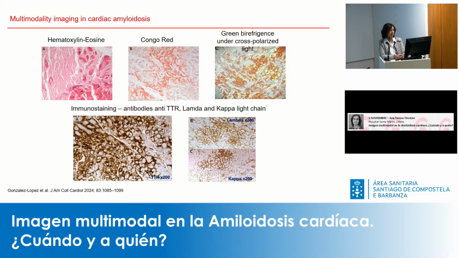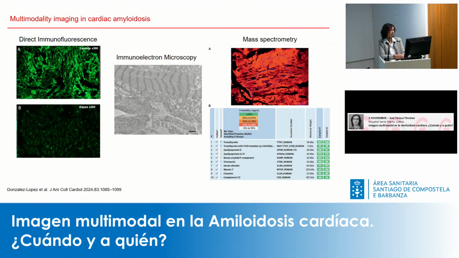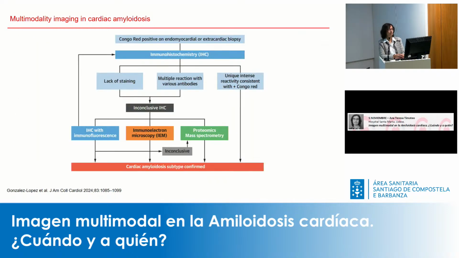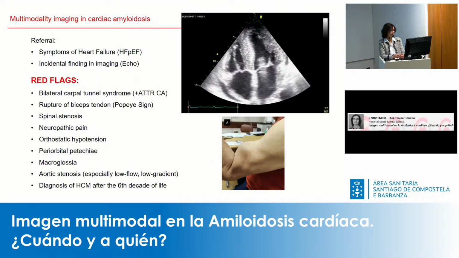Today, the biopsy specimens can also be processed with immunostaining with antibodies to anti-TTR, lambda, and kappa light chains. And there are also other techniques such as direct immunofluorescence, immunoelectron microscopy, and mass spectrometry that, in this very comprehensive algorithm, allow a more specific diagnosis from biopsies.